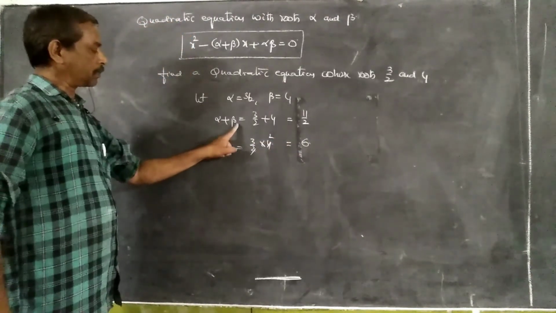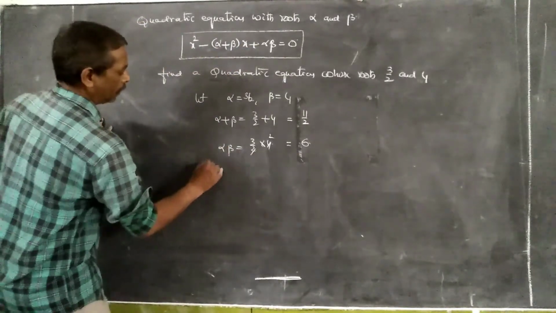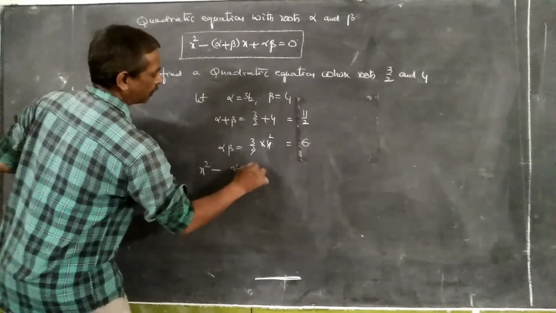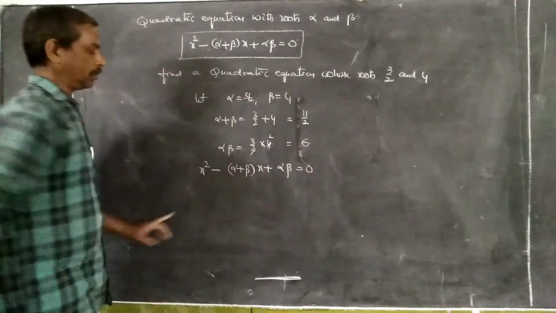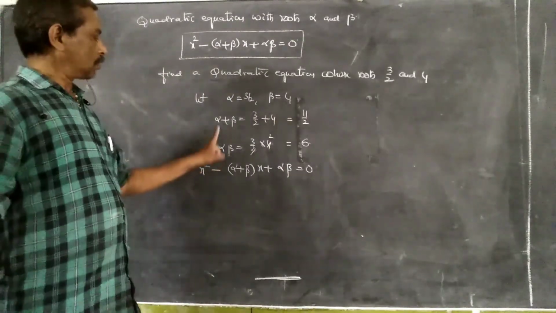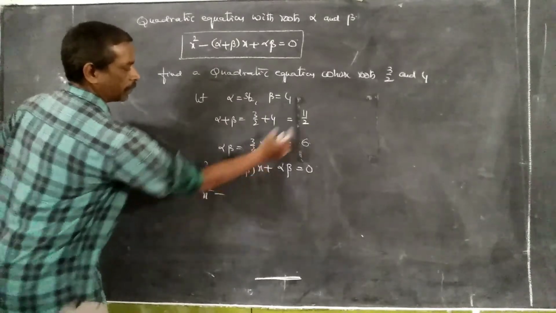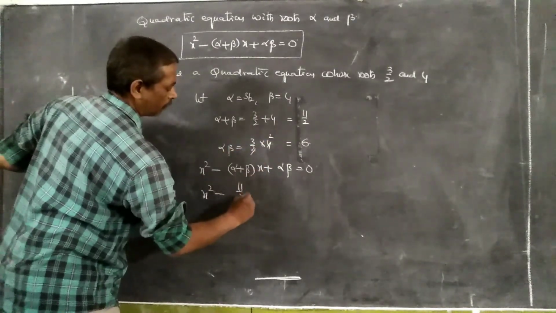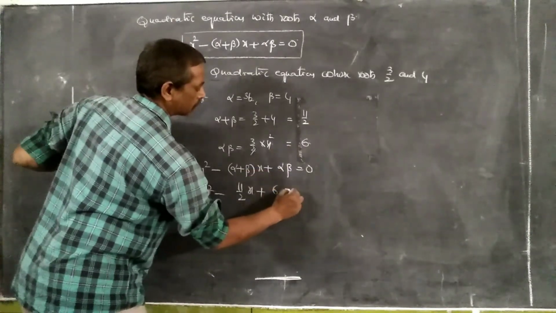Substitute alpha plus beta and alpha beta in this formula. Therefore, x² − (alpha + beta)x + alpha beta = 0 is the quadratic equation with roots alpha and beta, where alpha plus beta, the sum of the roots, is 11/2 into x, and alpha beta, the product of the roots, is 6.